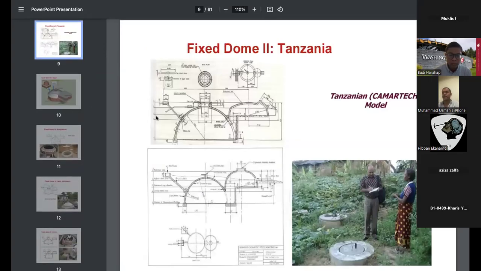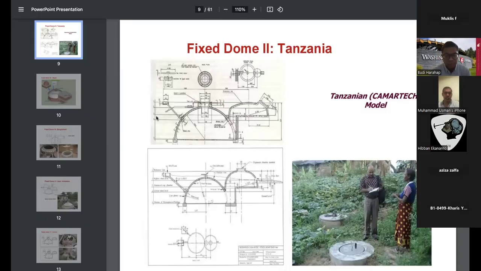If you see the next picture, it is the same fixed dome type biogas plant, but this picture is from Tanzania. What is the difference between this picture and the previous one? In the previous picture, the Chinese biogas plant, the dome was not completely going down to the ground, but in the Tanzanian biogas plant, they have taken the curved shape of the dome to the ground.